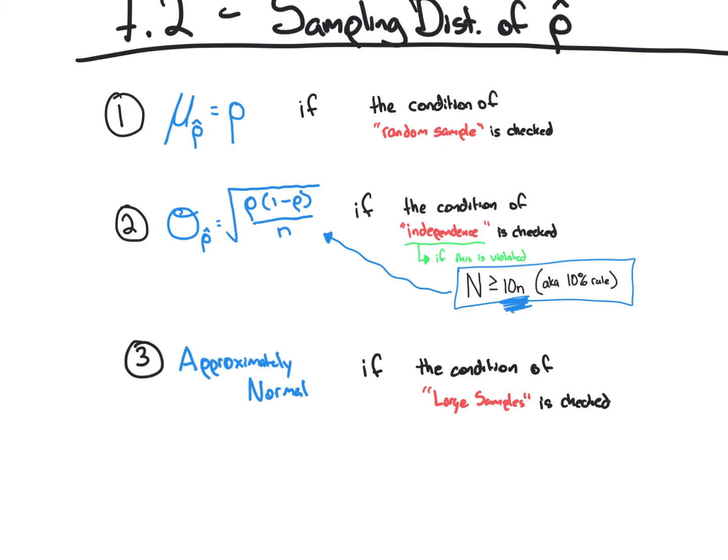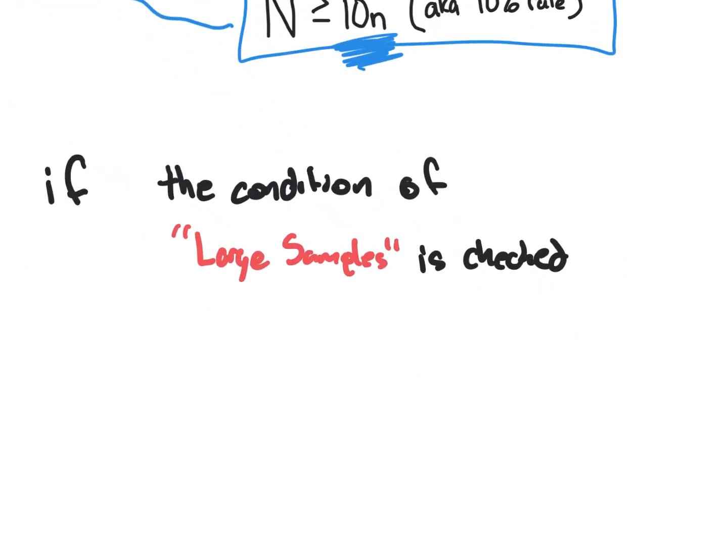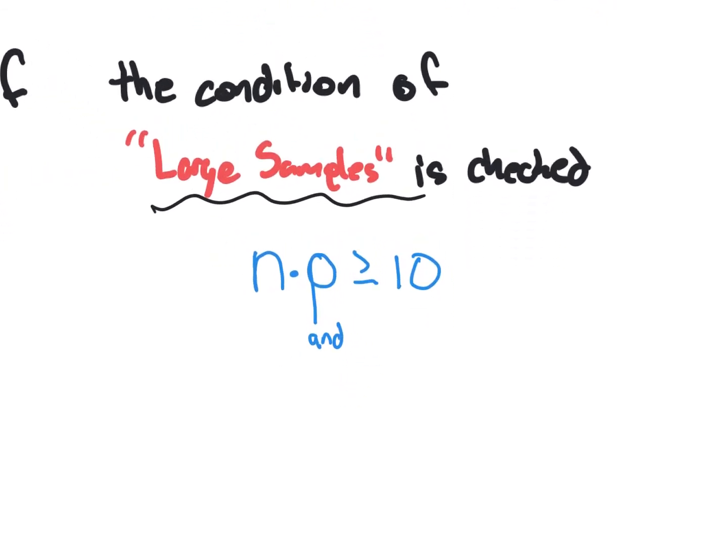So what do we mean by large samples, right? Here's the check we need to do. Sample size times population proportion, make sure that's greater than or equal to 10. So this is another threshold value. And we also need to check that the sample size times 1 minus p is also greater than or equal to 10.